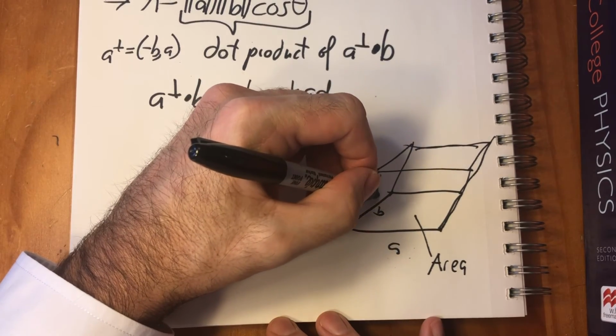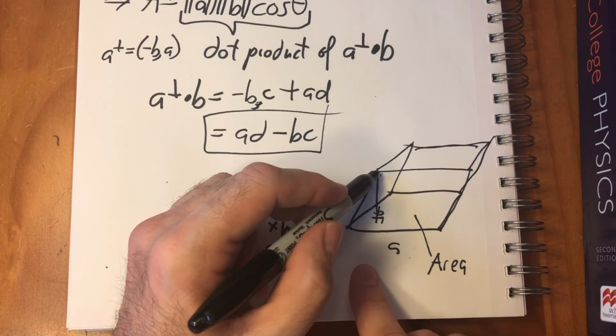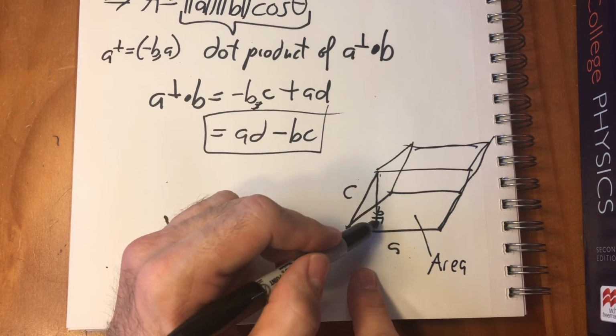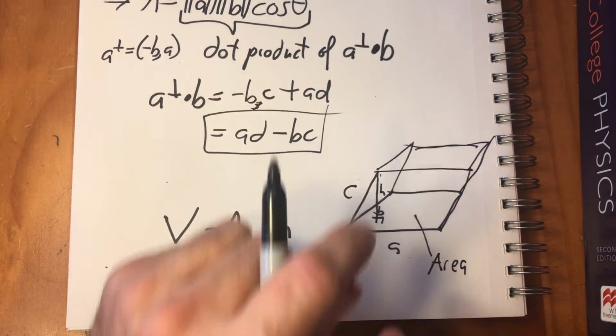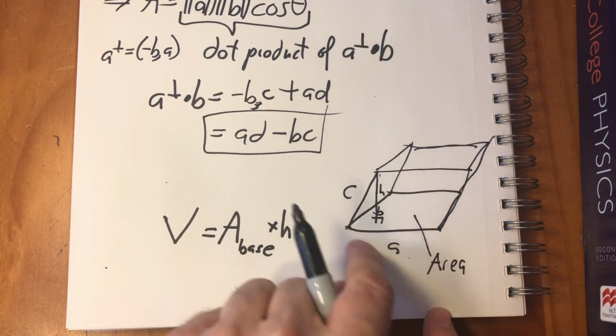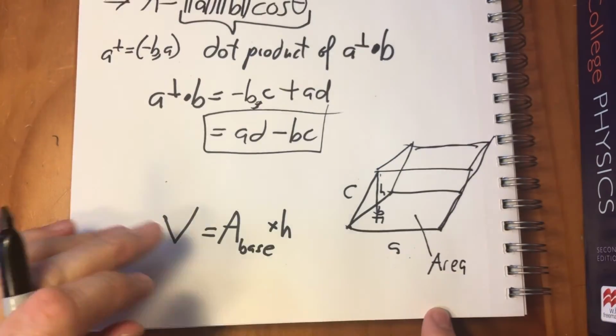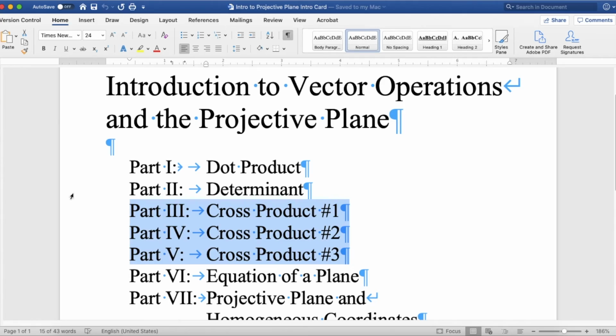So what's the height? The height is if you dropped down from the top corner of C down to the base, that's the height. So the volume is the area of the base times the height of the parallelepiped. Okay, that is it for the determinant. Next up, we're going to start looking at the cross product and how it relates to the determinant.